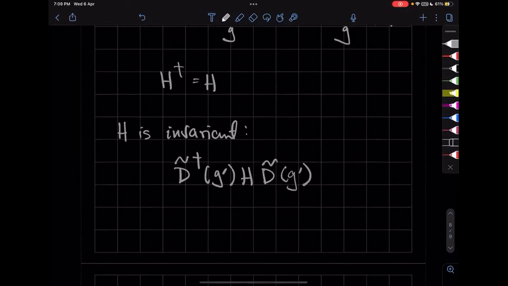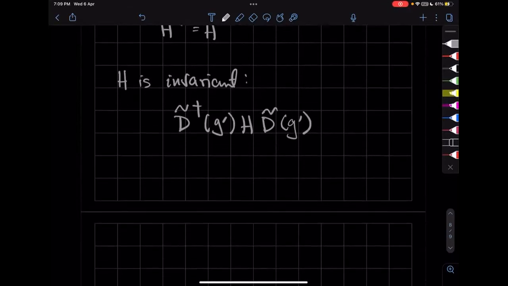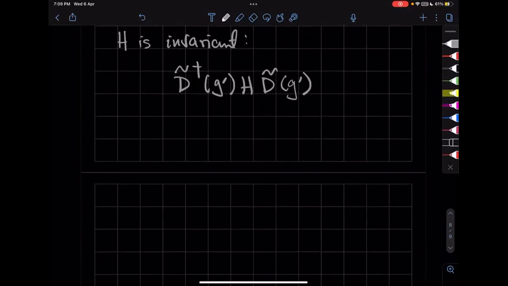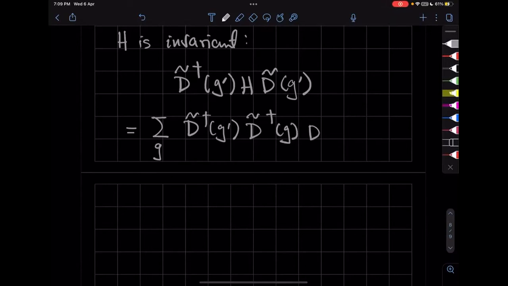But if I take a particular G prime and I do this sort of similarity, quote unquote, transformation, then using the definition of H, we get that there is a sum over G and there is a d tilde of G prime, and the definition of H involves d tilde dagger of G, d tilde of G, and then d tilde of G prime.